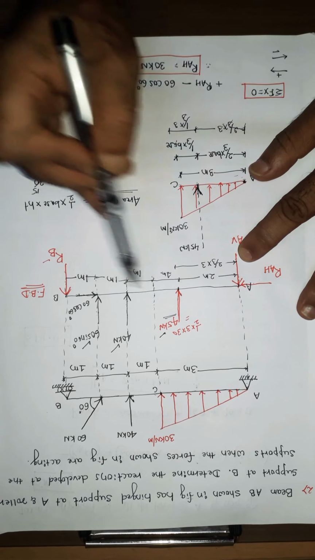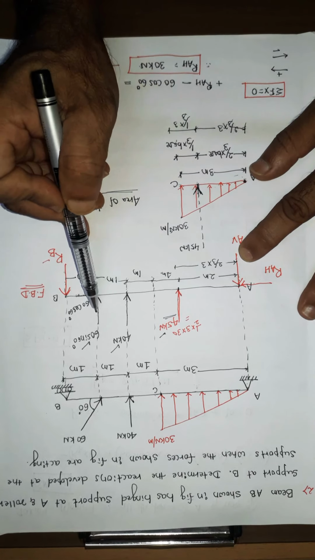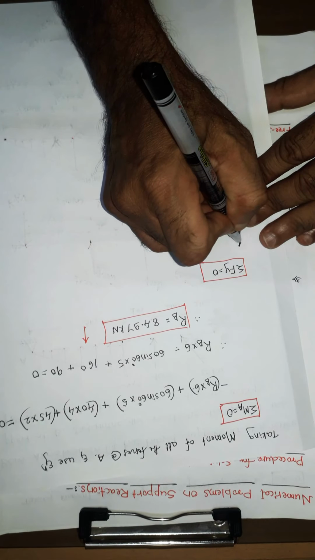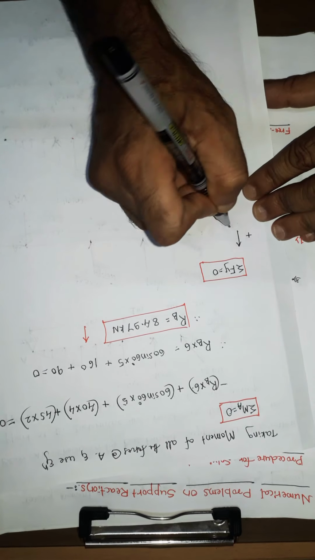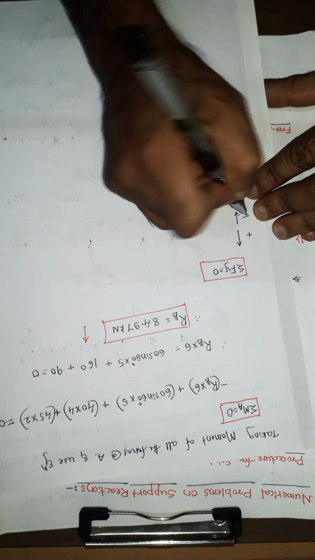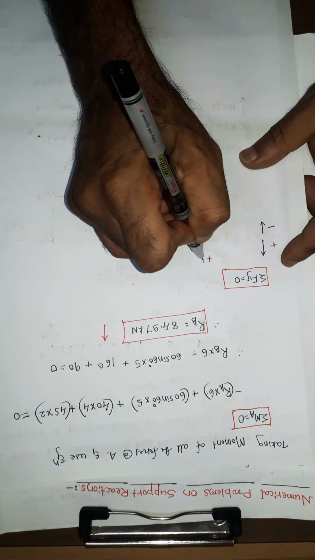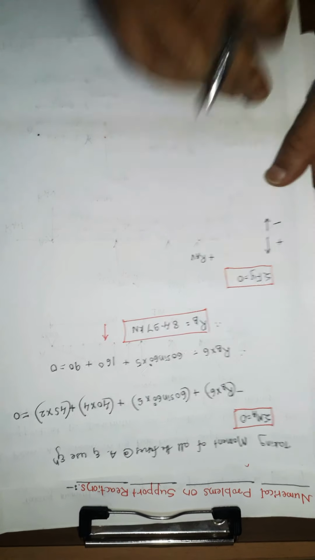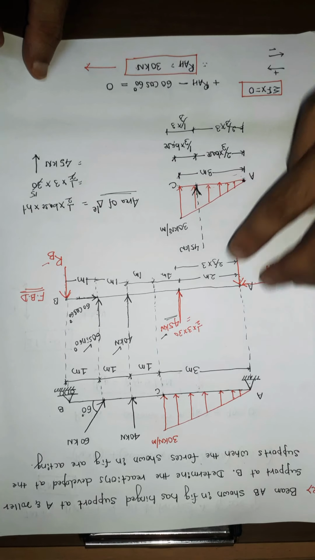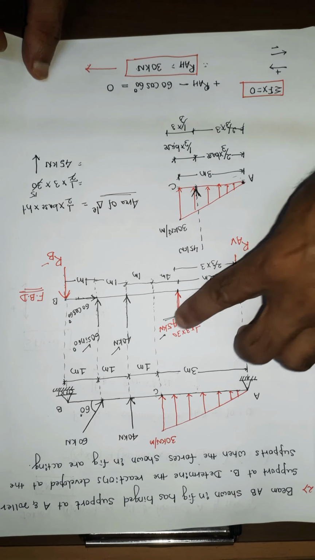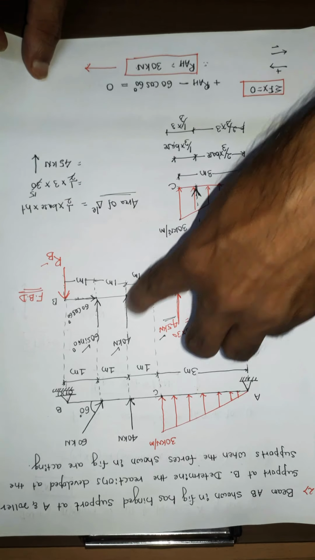If the load is upward, it is positive. If the load is downward, it is negative. So upward is plus RAV, then minus 45, minus 40, and minus 60 sine 60.